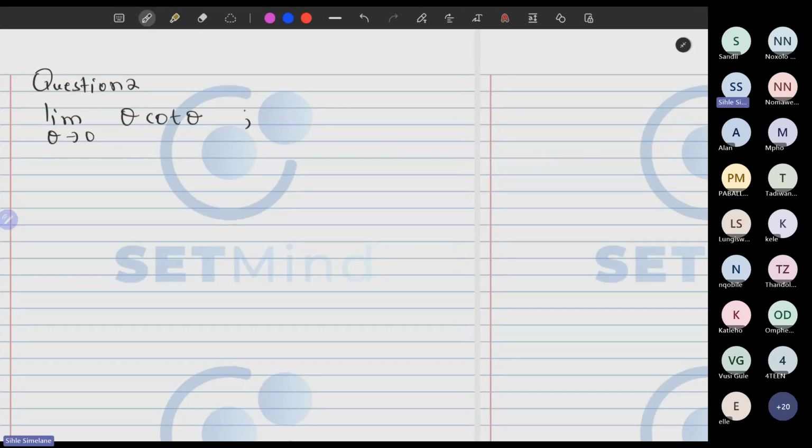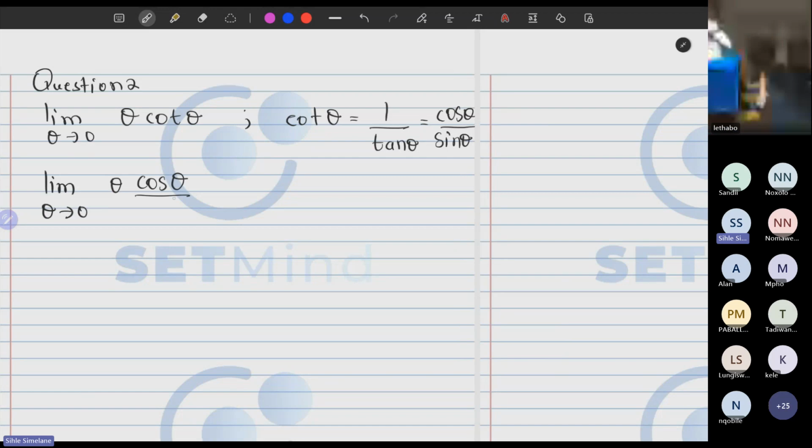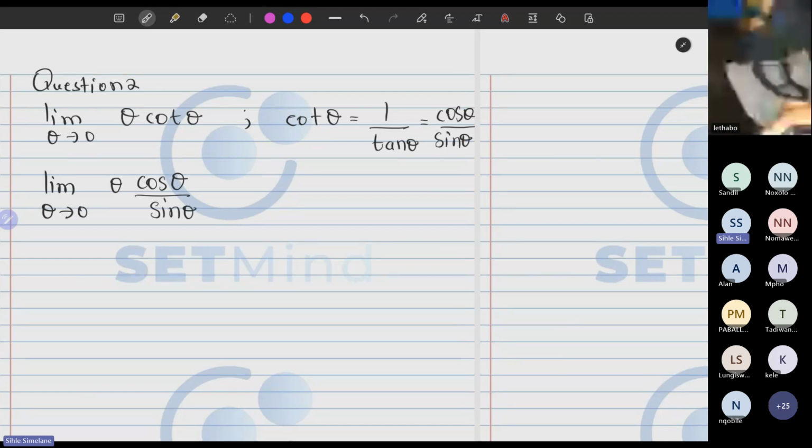The first thing I need to remember is cot theta is 1 over tan theta, which is just cos theta over sine theta. So what they are asking me to do here is simply to find the limit as theta approaches 0 of theta cos theta divided by sine theta.